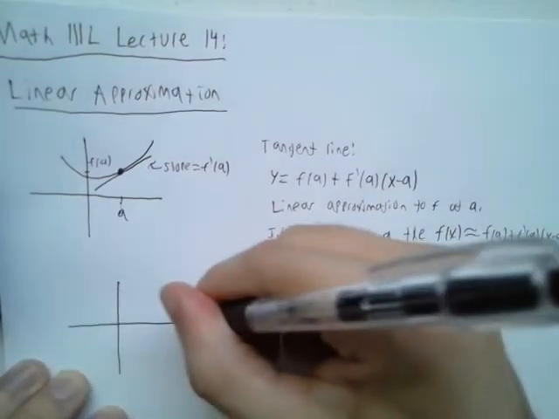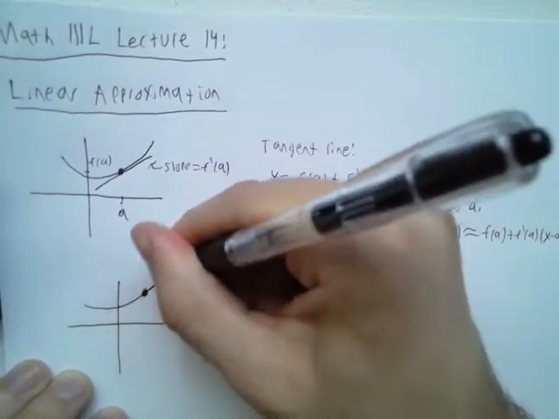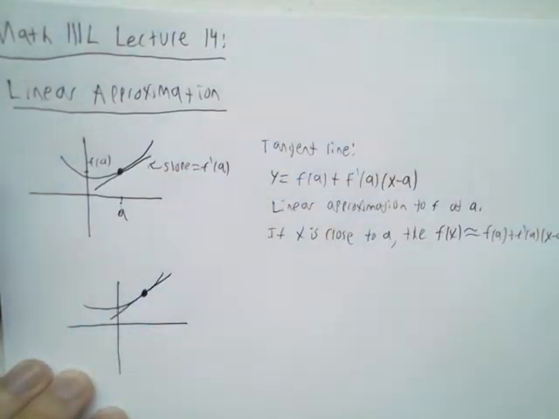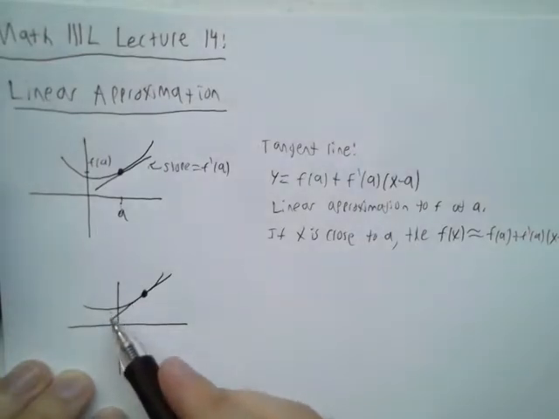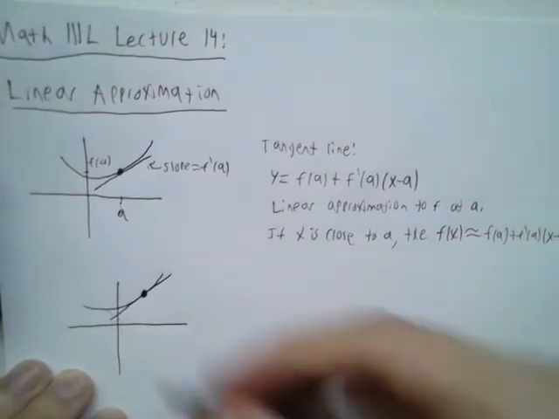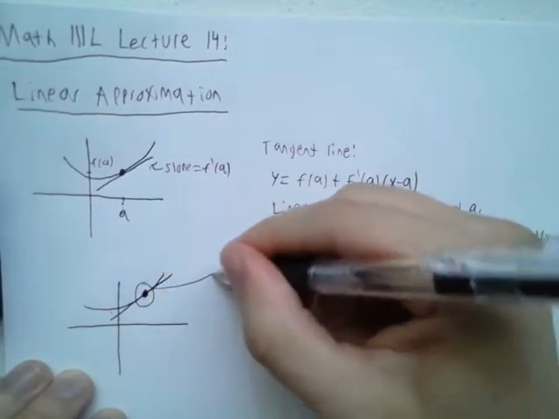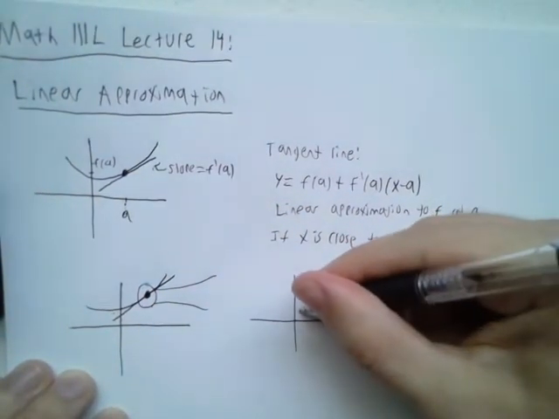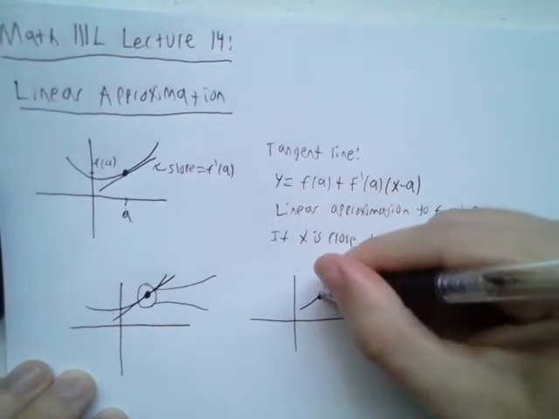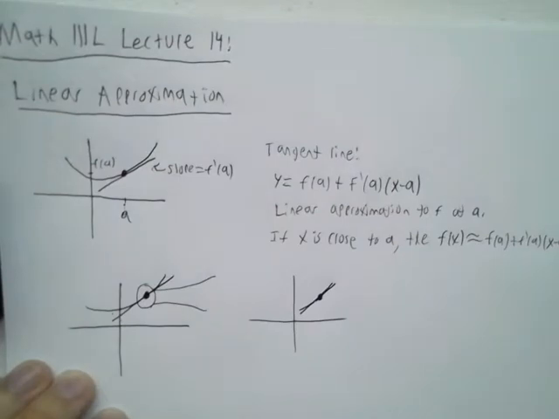Well, if we think about this graph, we have our tangent line here. If I look far away from the point A, then there's a pretty big gap between the line and the function that we're approximating. But if I look just in a region around A, and I zoom in on that region, then the tangent line and the original function will be almost indistinguishable.